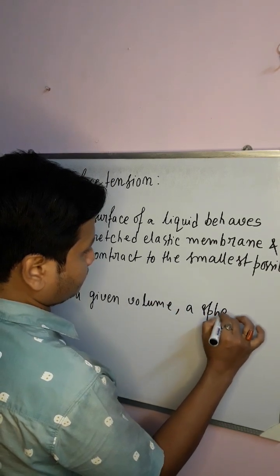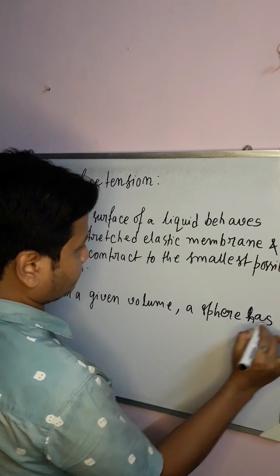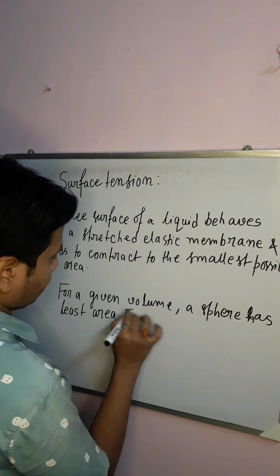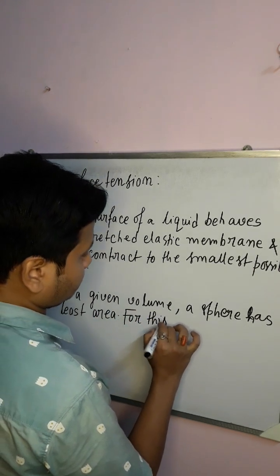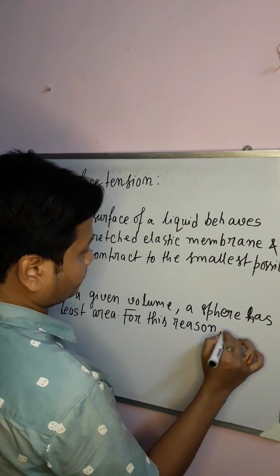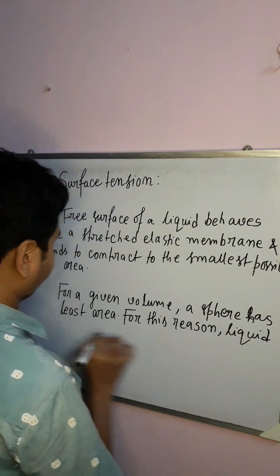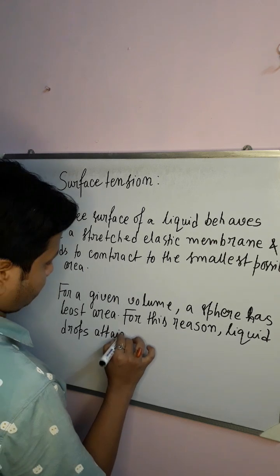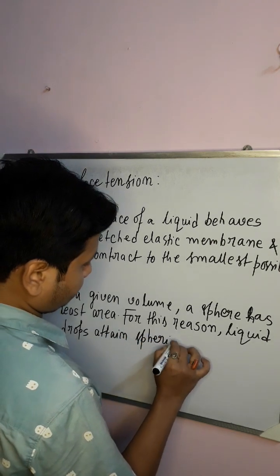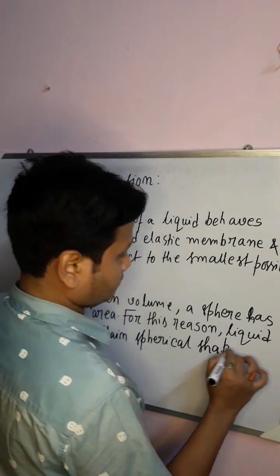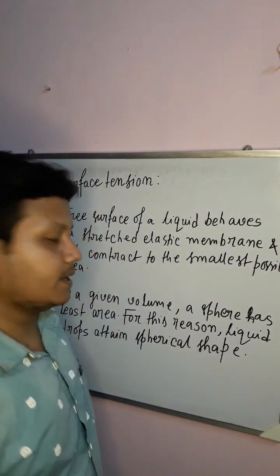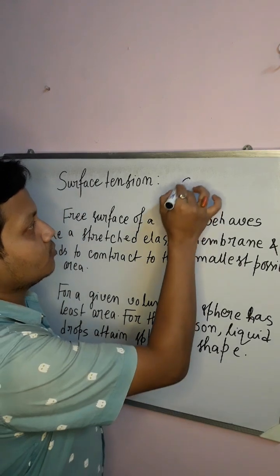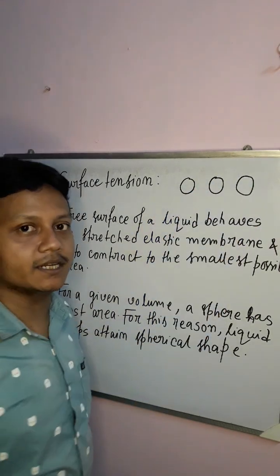Because a sphere possesses least area for a given volume, that's why the liquid drops are spherical in shape.